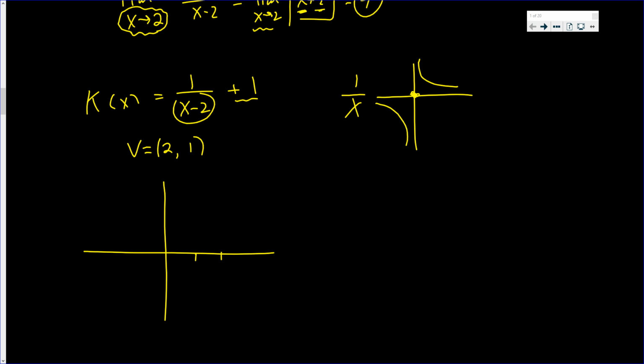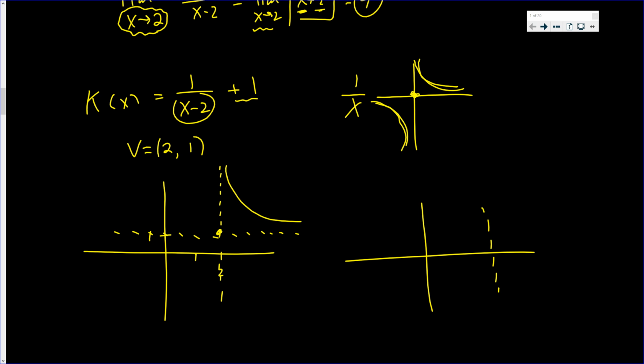So I go to 2, 1, and I make believe that this here is the new origin. And I want to go like this, and I want to go like that near the new origin. So this is no problem. What's a little bit of a problem, let me draw it over here. When I go like this, should I cross when y is negative? Should I cross at exactly 0? Should I cross at exactly some positive number?